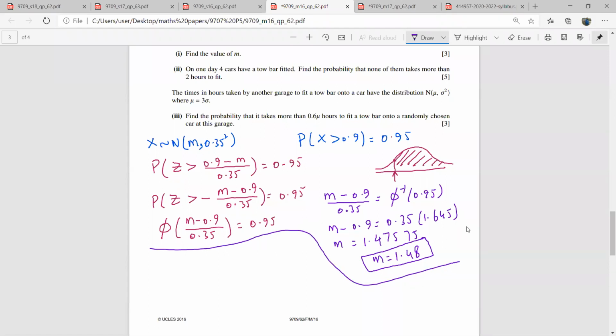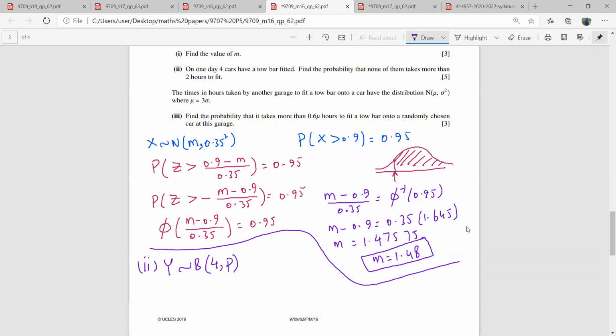Okay. So now for the second part, let's say Y is a binomial distribution. Its n is 4, and you still have to calculate the probability of success. And what is that probability of success? That is from the distribution up here.